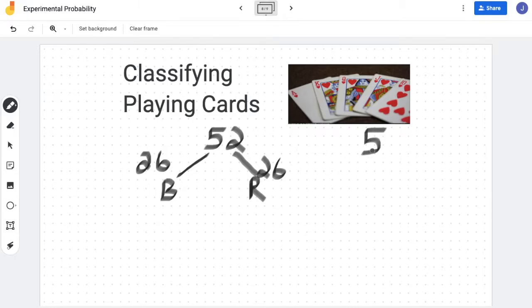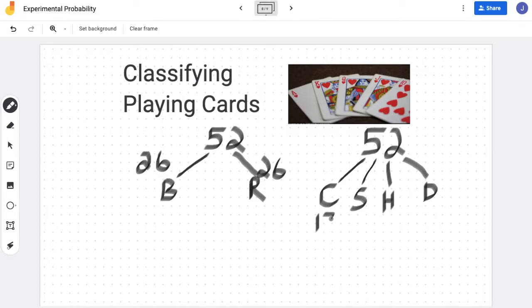I could also divide that into groups of 4. So I can take my 52 total and divide it into clubs, spades, hearts, and lastly diamonds. So there I have 4 categories that I can divide a playing card deck into. If I divide 52 by 4, I'm going to get 13 in each category.